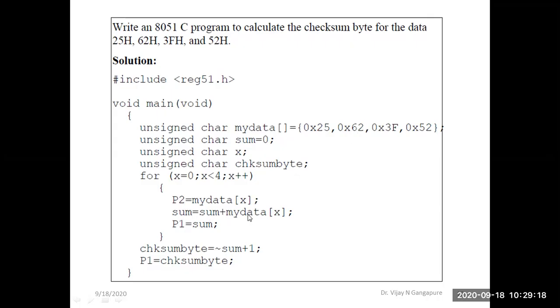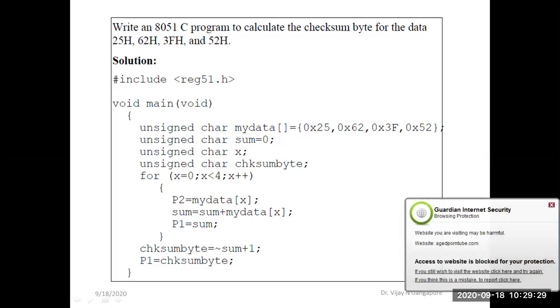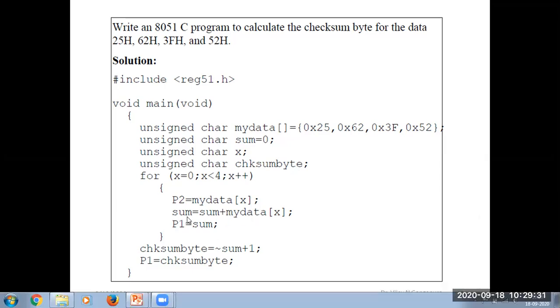So 0x62 will get added to the content of sum, which right now is 25, so 25 and 62 will get added together and stored in sum. Whatever that sum is, we output it to port 1.